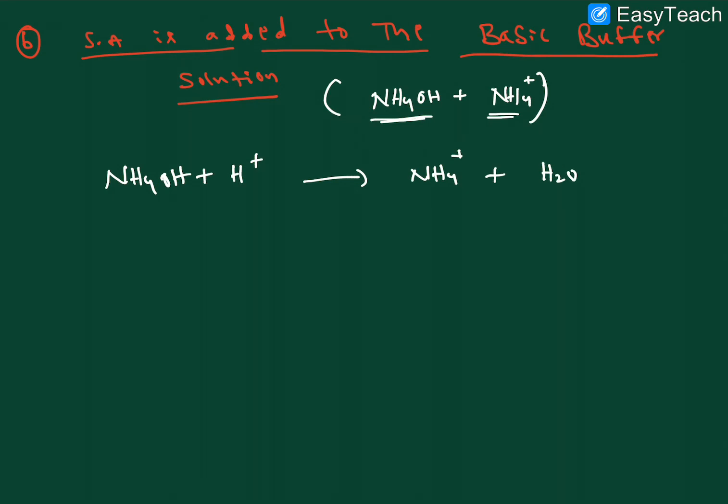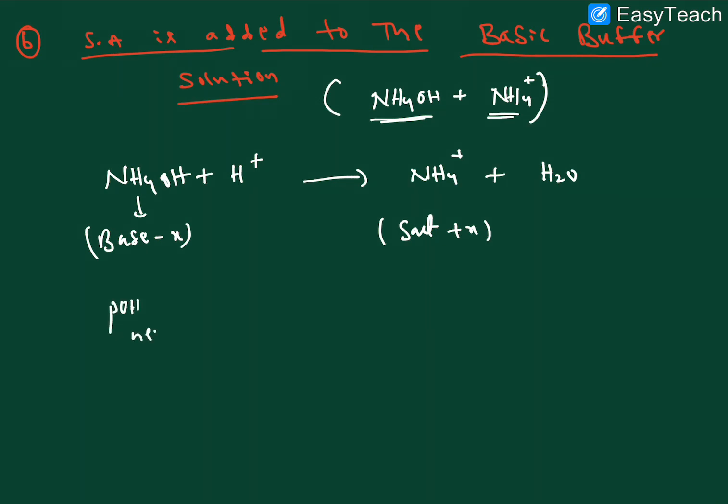What is the formation here? NH4 plus ion plus H2O is forming here. So the base concentration decreases, and the ammonium salt concentration is increasing.